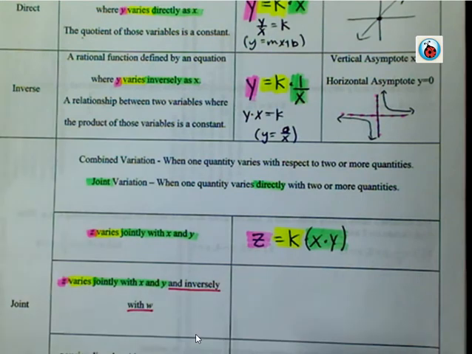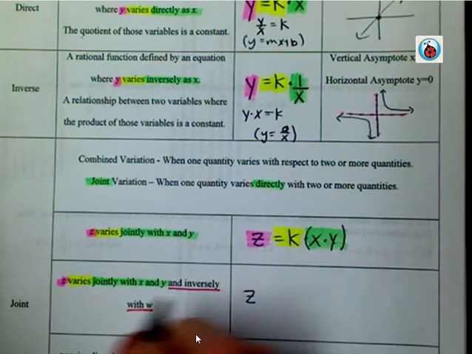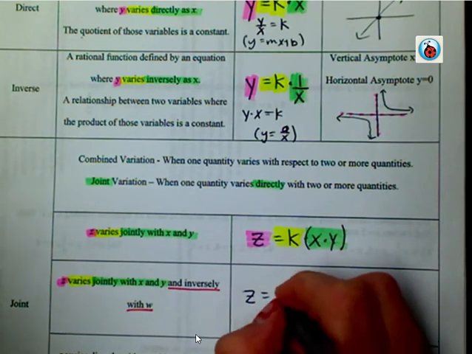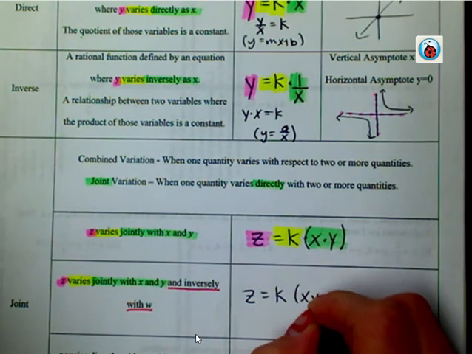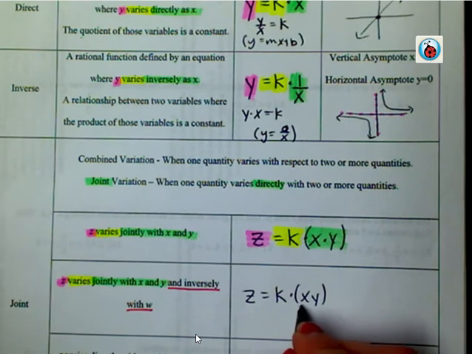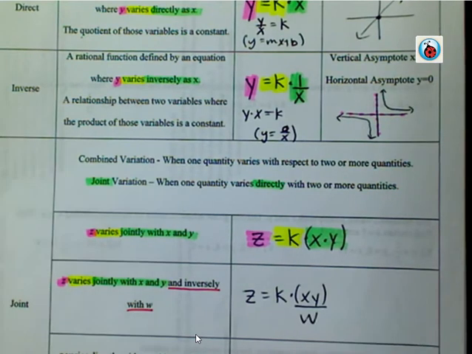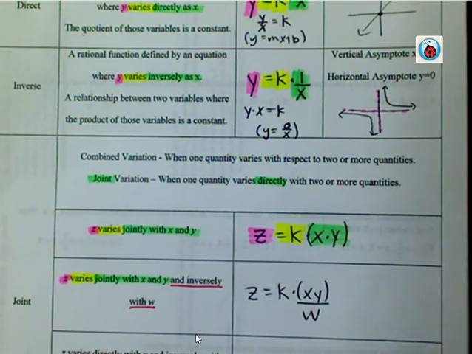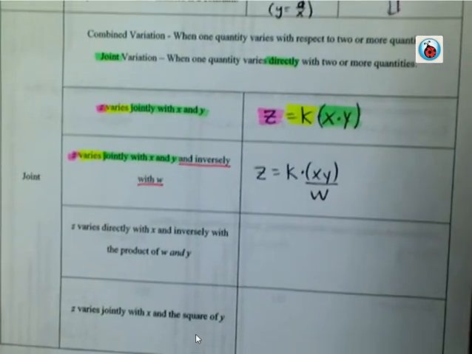Okay, z equals k times x and y divided by w. Let's try the next one.